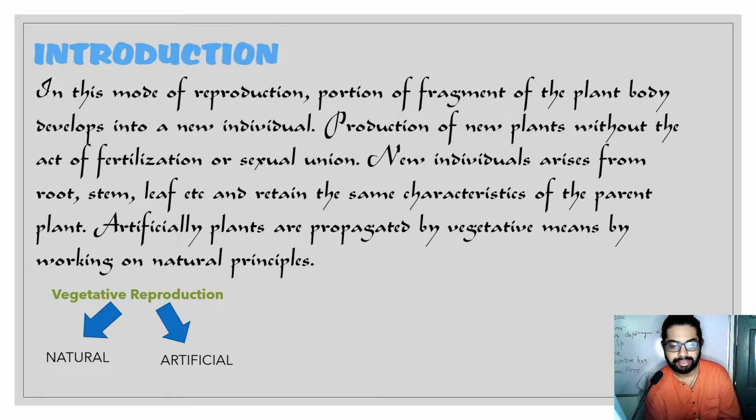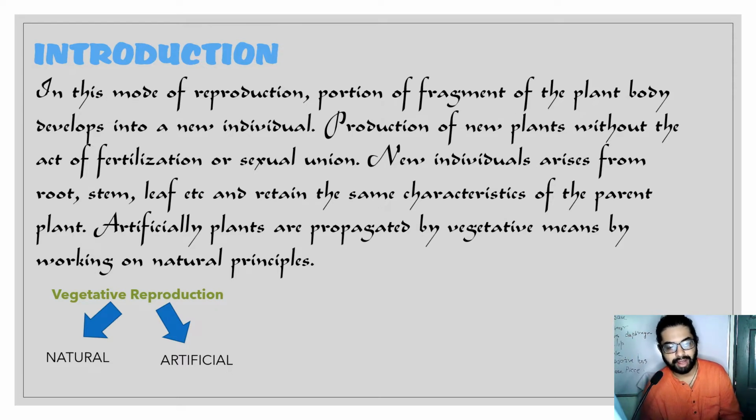It happens from the part of the body of the parent, but no fertilization is seen, nor sexual union or gametic transfer and fusion. In the vegetative mode of reproduction, no fertilization takes place.